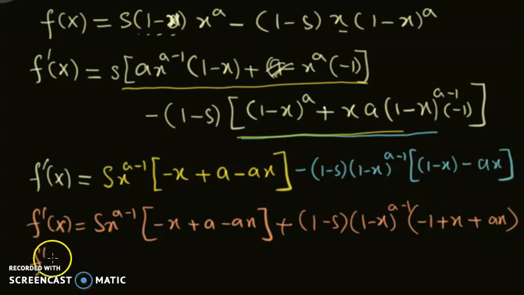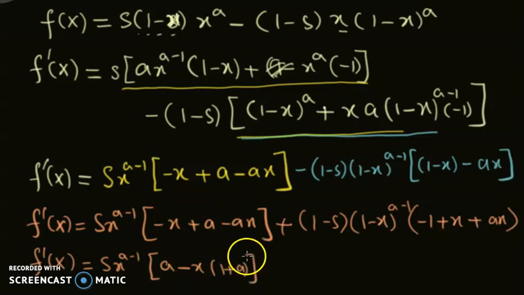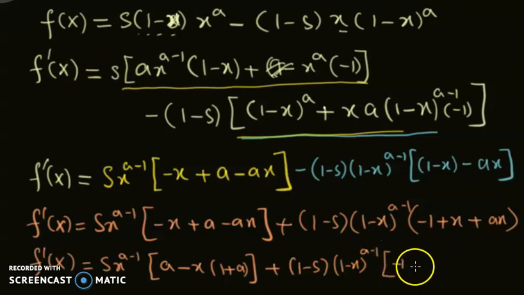We can simplify it a bit more to get s times x to the a minus 1 times a minus x to be common, 1 plus a, and then plus 1 minus s times 1 minus x to the a minus 1, and then we have something minus 1 plus x times 1 plus a.